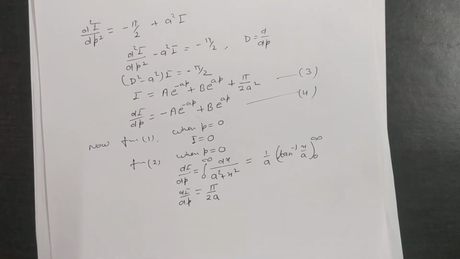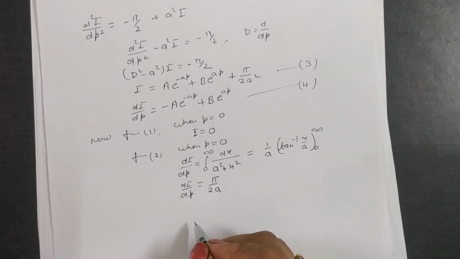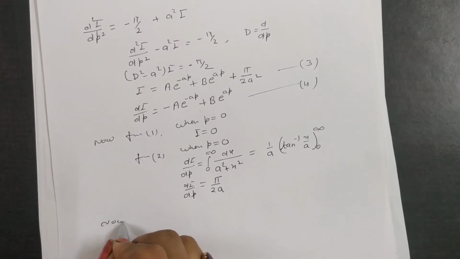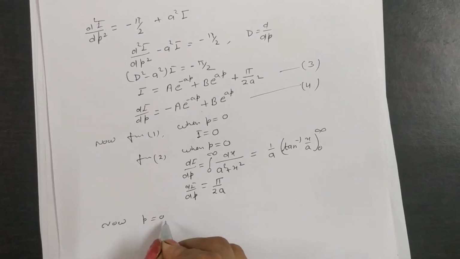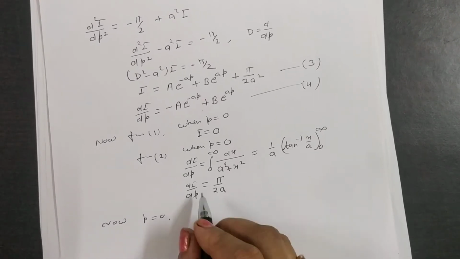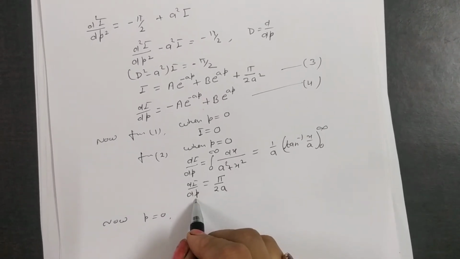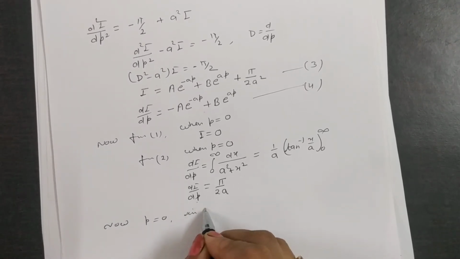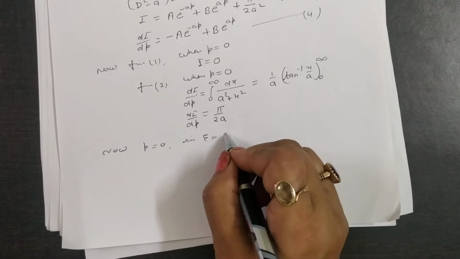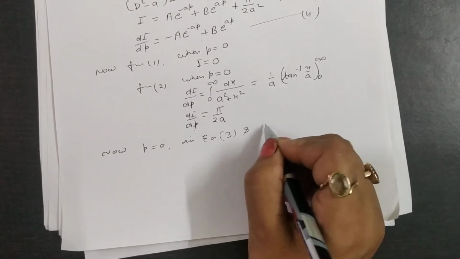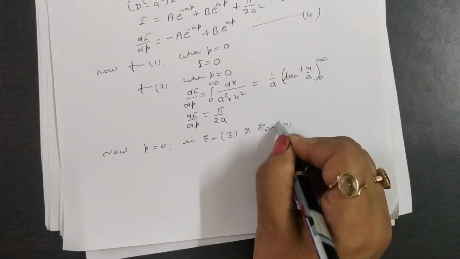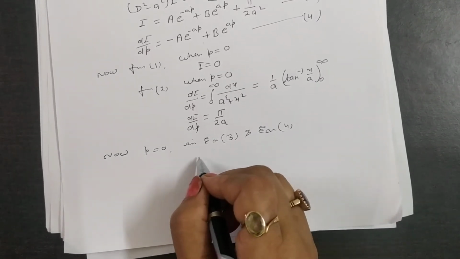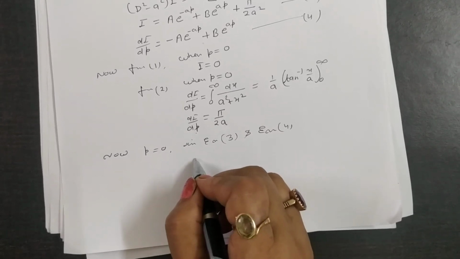Now we put p is equal to 0 in equation 3 and equation 4.